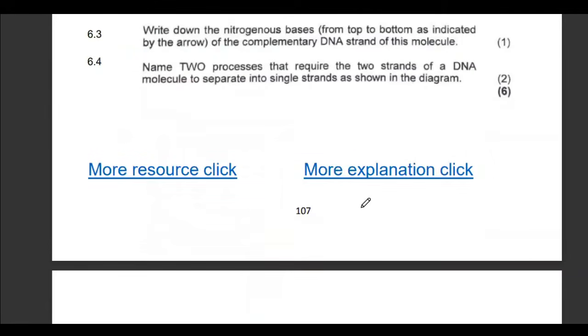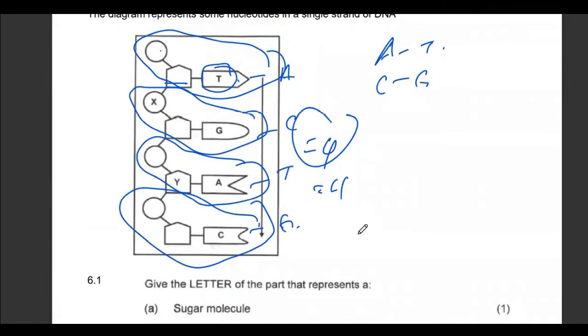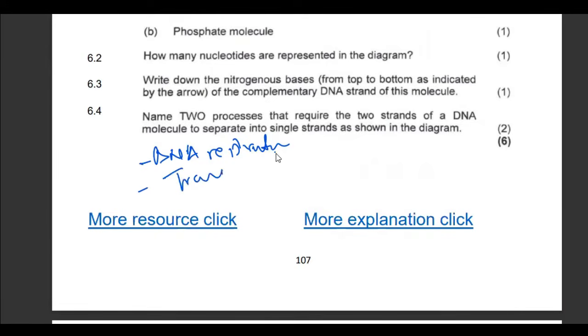Name 2 processes that require the strands of the DNA molecule to separate into single strands as shown in the diagram. Which processes? We only find this when DNA replication is going to take place, and also when there is transcription.